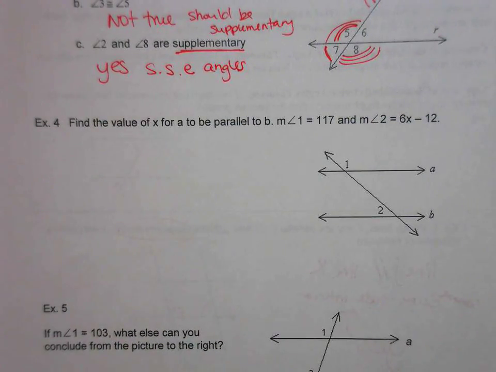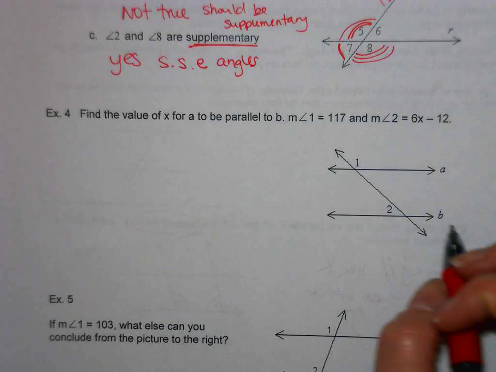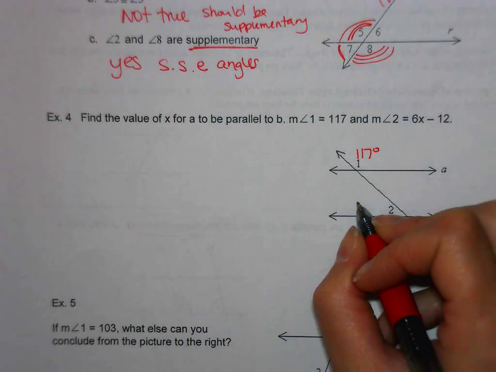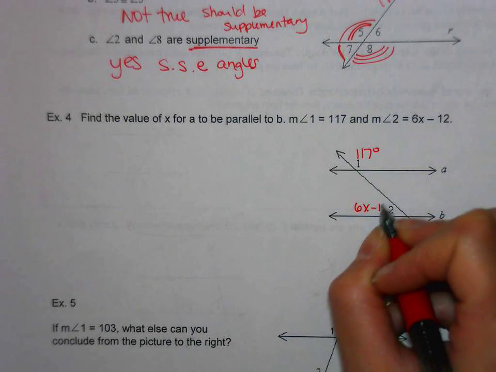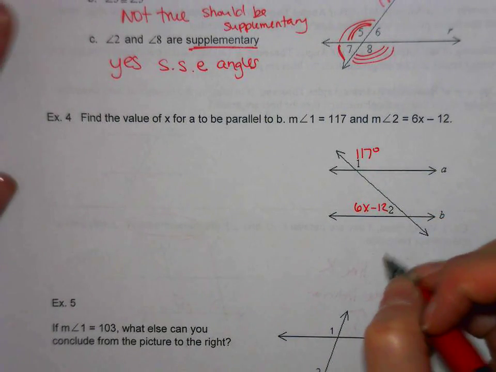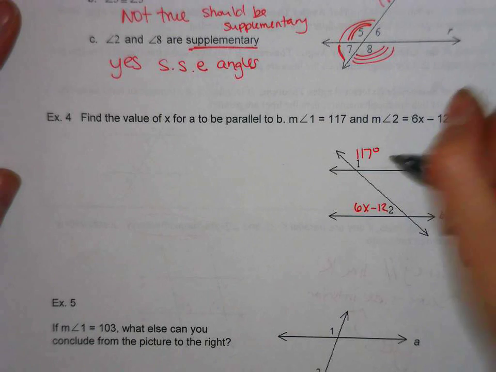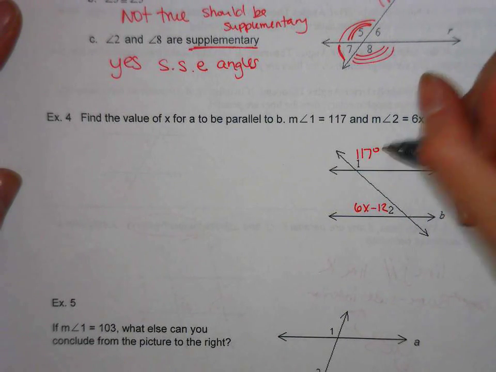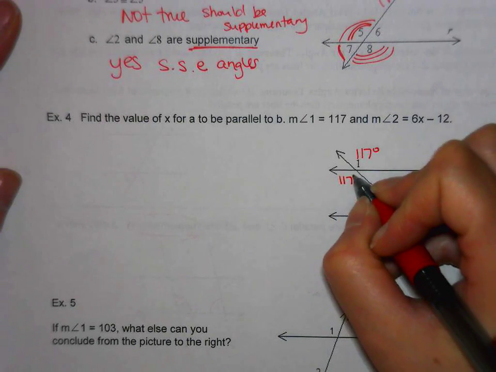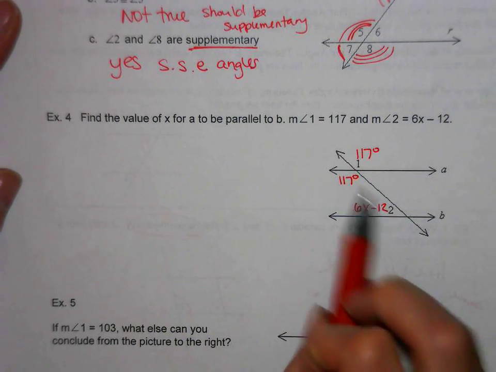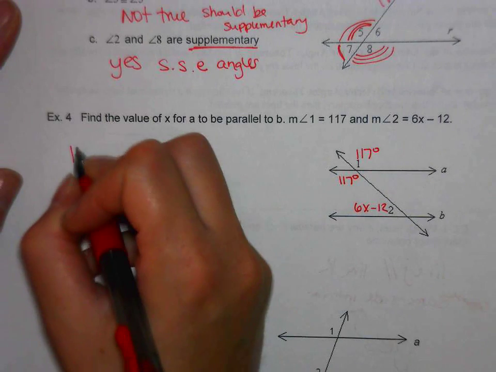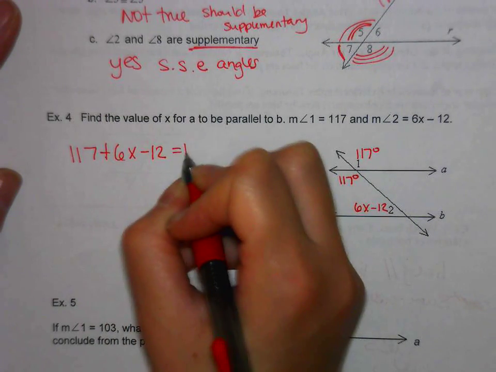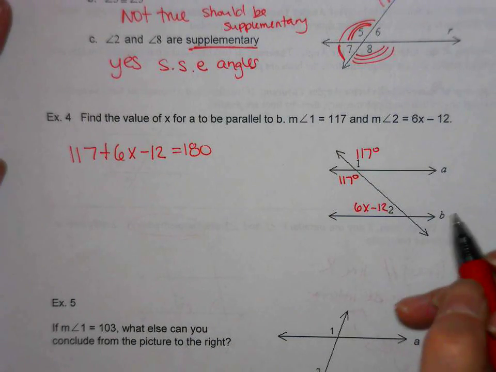Alright, let's find the value of x for A to be parallel to B. If the measure of angle 1 is 117 degrees, and angle 2 is 6x minus 12, we need to find the value of x. If this is 117 degrees, the vertical angle is also 117 degrees. Since these are same side interior angles, they should add together to equal 180 because they're supplementary.